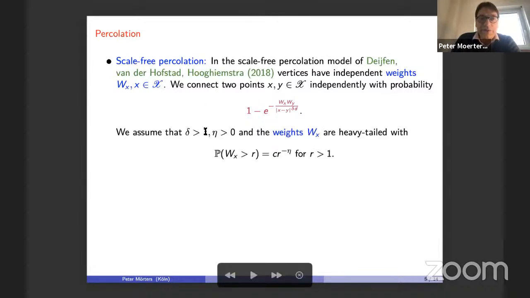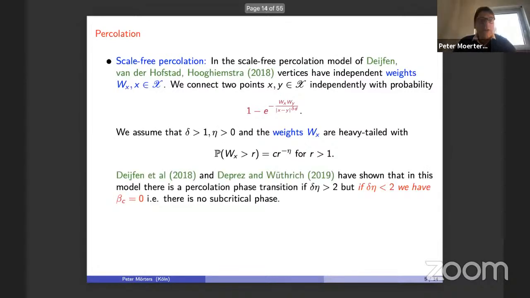So we assume that this delta is bigger than 1. This is again for sparsity reasons, and that the weights are heavy-tailed with a tail parameter eta. So the probability that the weight is bigger than r is a constant times r to the minus eta for r sufficiently large.